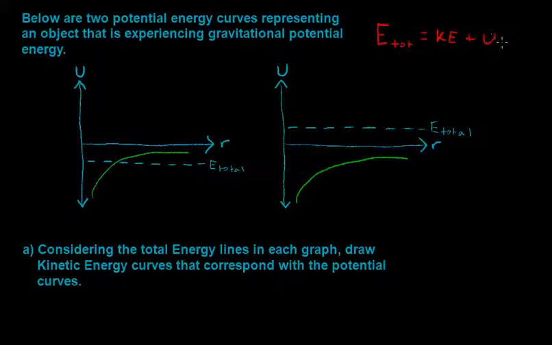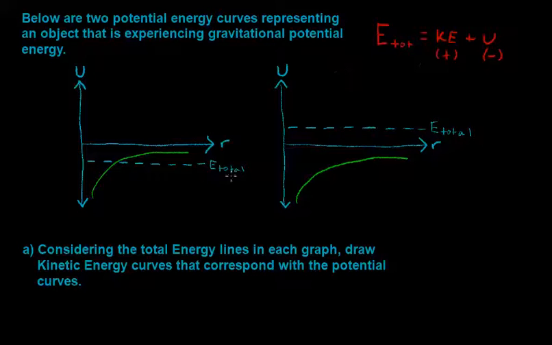And when we have gravitational potential energy, this U here, our potential energy, is always going to be negative. And in any situation, our kinetic energy will always be positive.